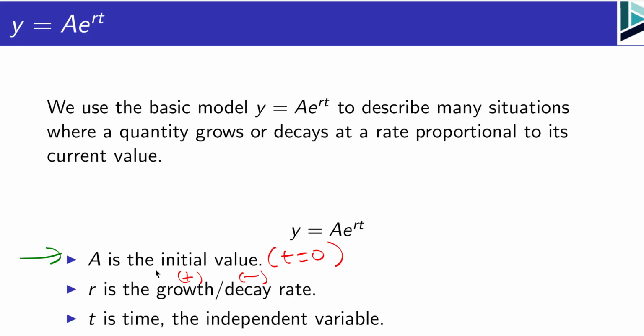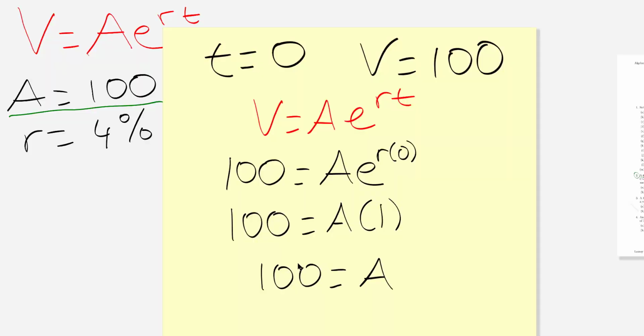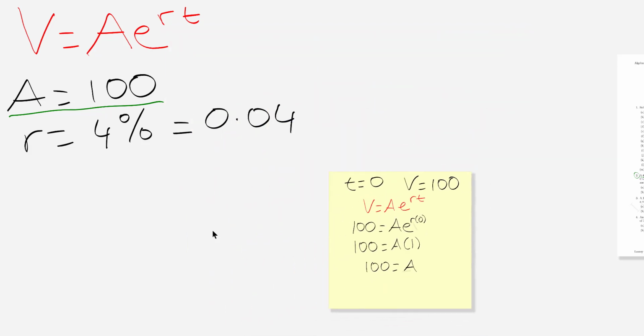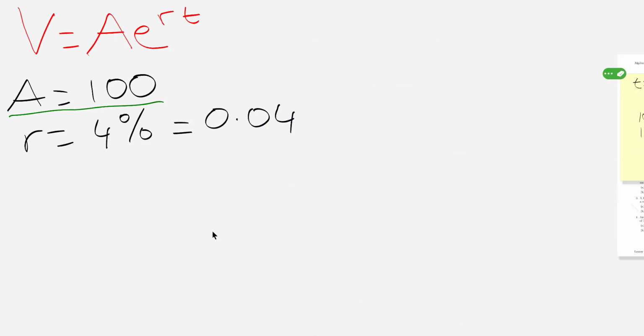And that's why we can say that A is the initial value, because when you sub in t equals 0, like I did right here, and put your initial value in for V when t is 0, you'll always end up getting whatever the initial value is will equal A. So sometimes we just skip that step and realize, okay, A is going to be the initial value. So in this case, A is 100.